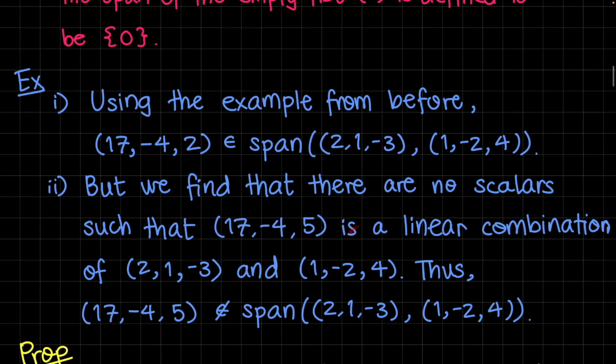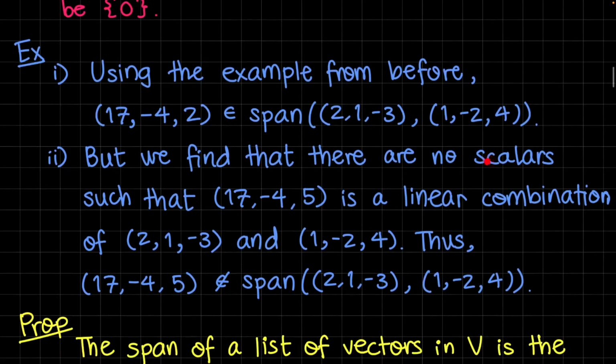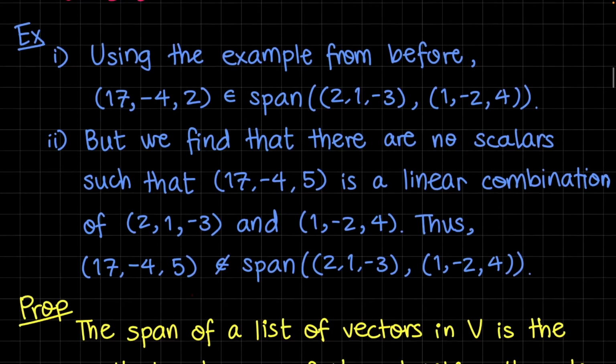And similarly, we had a non-example 17 negative 4 5. We can't find any scalar such that 17 negative 4 5 is a linear combination of the two vectors. Thus, 17 negative 4 5 does not belong in the span of the two vectors.